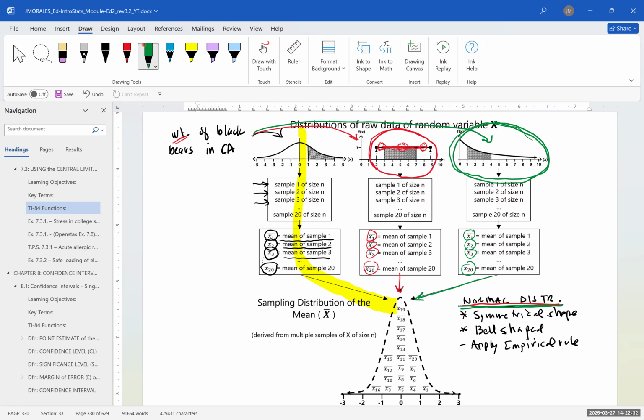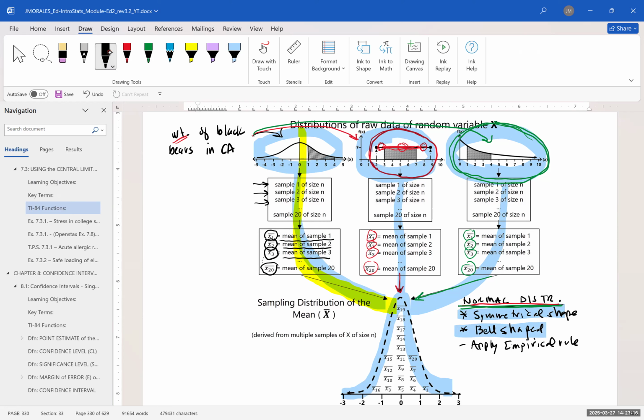So regardless of the shape of the distribution of the random variable at the beginning for the population, when we take samples and we calculate the mean of each sample, and we graph the means of those samples, we'll always end up with a normal distribution of sample means. And again, that means that the shape of these means is symmetrical and that it's bell-shaped.